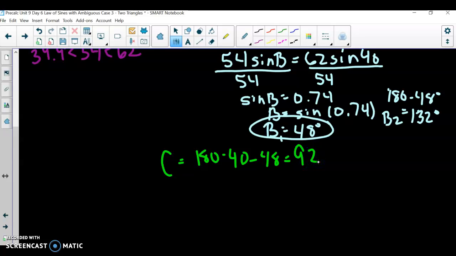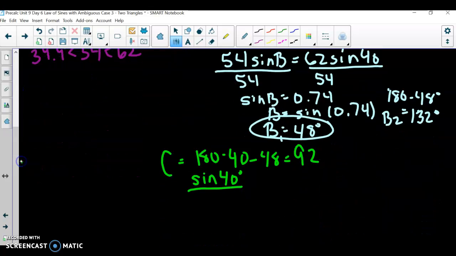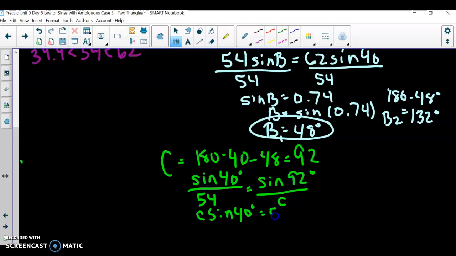Okay, and if we continue with this to solve for our lowercase c, we're going to use sine of A over the length of A, and we just want to make sure it's 54, equals sine of 92 over c. Cross multiply, we have c sine of 40 equals 54 sine of 92.